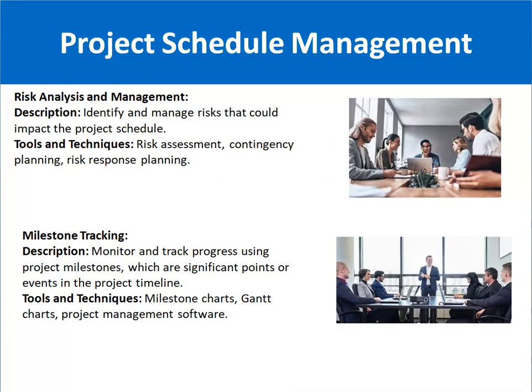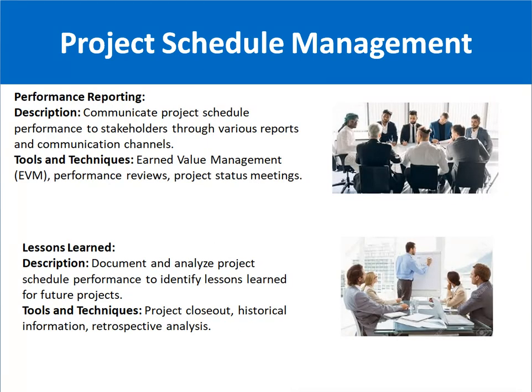Then risk analysis and management means identifying and managing the risks that could impact the project schedule. Then monitor and track progress using project milestones, which are significant points or events in the project timeline. Then communicate project schedule performance to stakeholders through various reports and communication channels. Normally we make performance reviews and project status meetings for performance reporting.